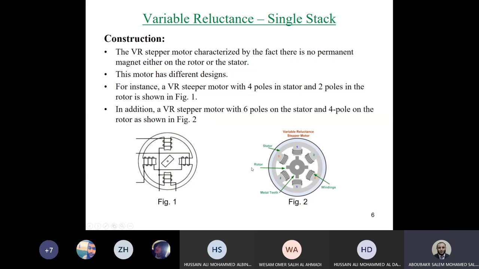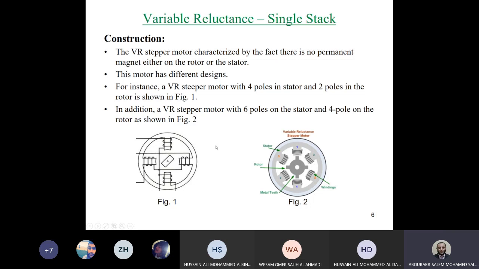So the stator is composed of some teeth, and these teeth or poles can be connected in such a way to many coils in order to energize this motor. For instance, for the 4 teeth we used 2 coils: coil 1 for these 2 teeth, and coil 2 for the other 2 teeth.